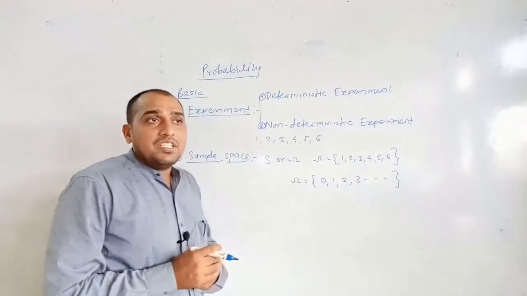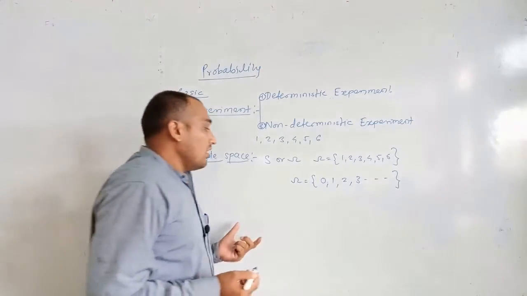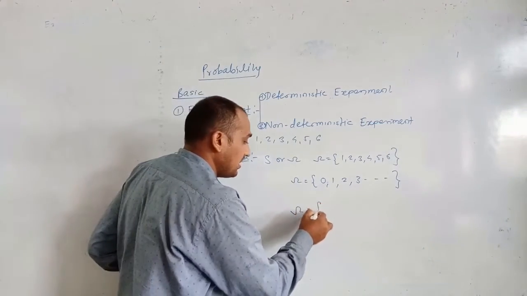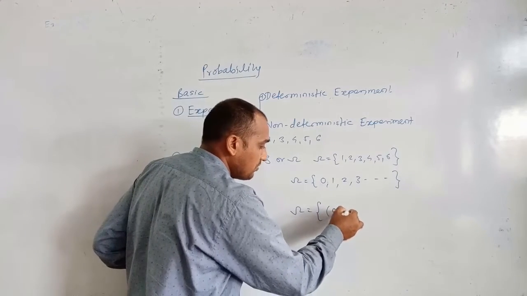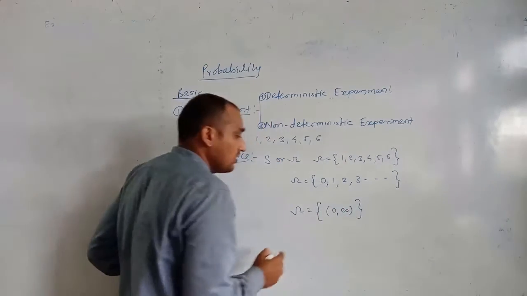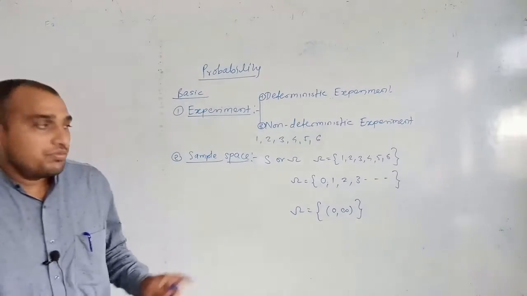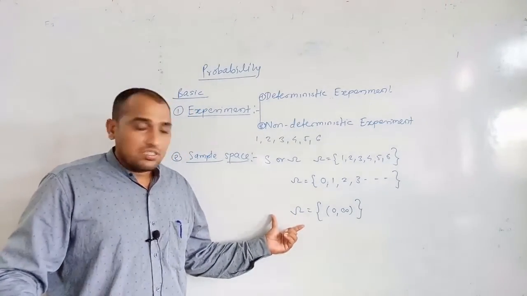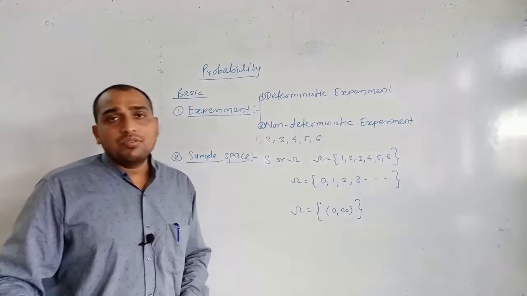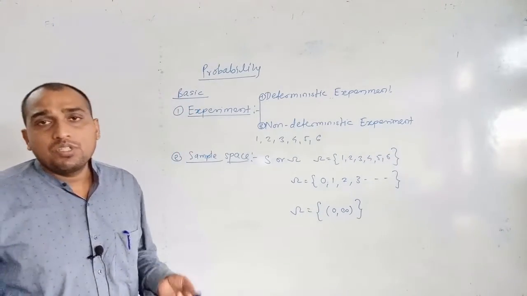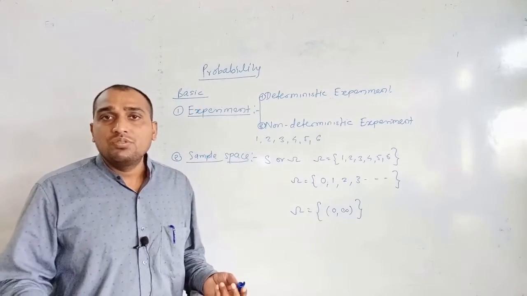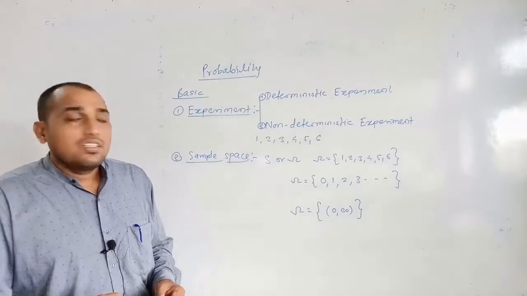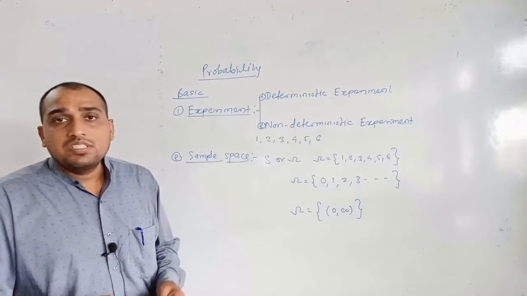If your experiment is the lifetime of an electronic component, your values are from 0 to infinity, any value. We don't know which value the lifetime of that component will take. It takes any value from 0 to infinity, such as 1, 1.5, 2, 2.5, 2.2, anything in this range. This is your sample space.